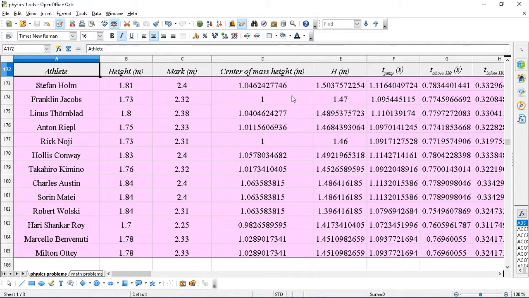This is an approximate estimate, assuming that the center of mass of a person standing upright is at the height of the belly button.